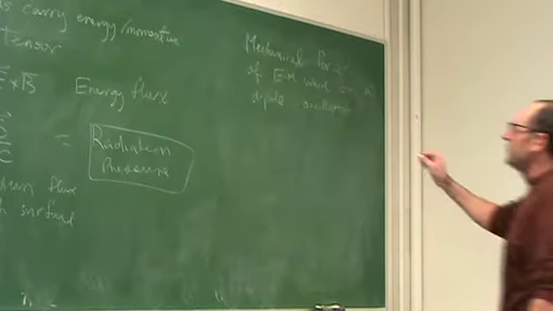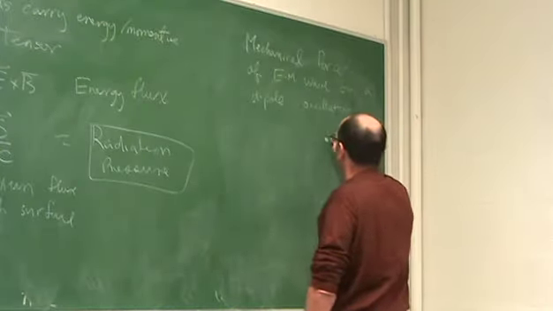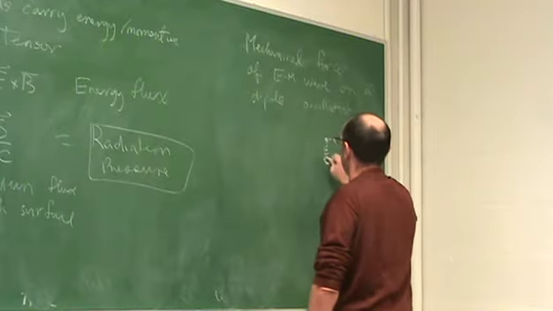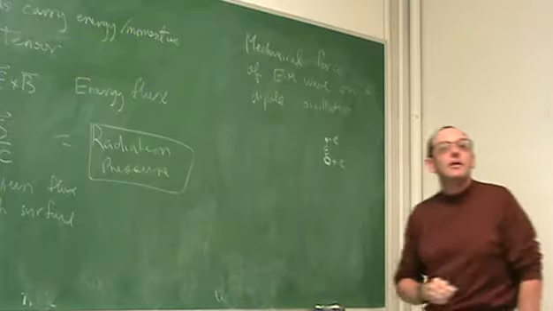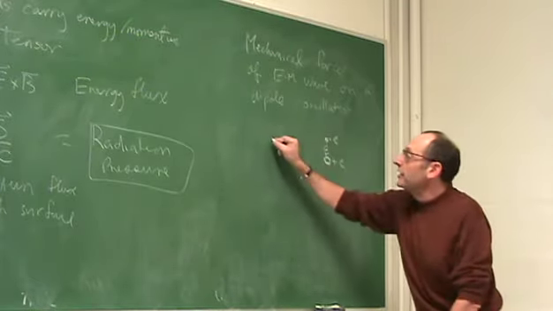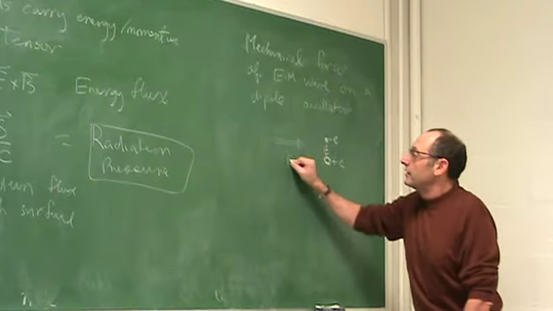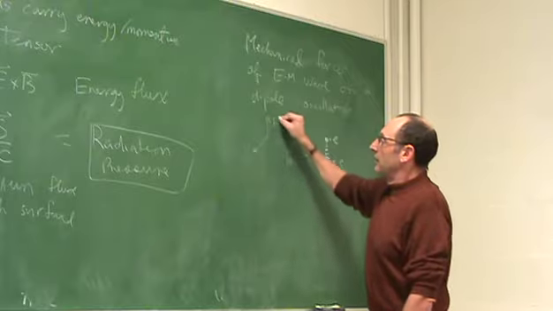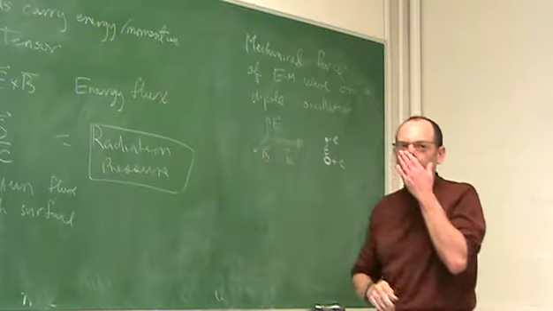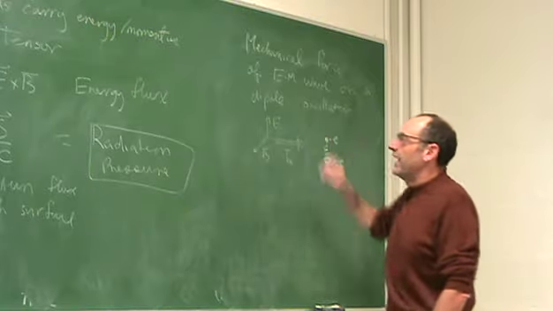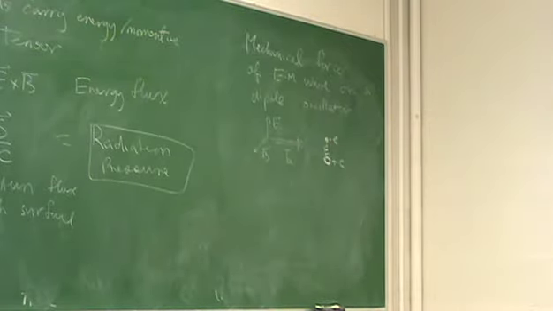So let's imagine we have a bound charge. Let's say it's got some negative charge, some positive charge, bound together with some harmonic oscillator binding them together. And I'm going to drive this with a plane wave. Well, not quite a plane wave. Let's allow it to be a finite beam that has some finite extent, so that the amplitude is not constant.